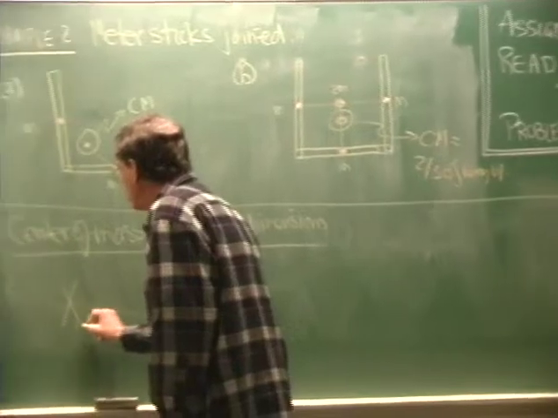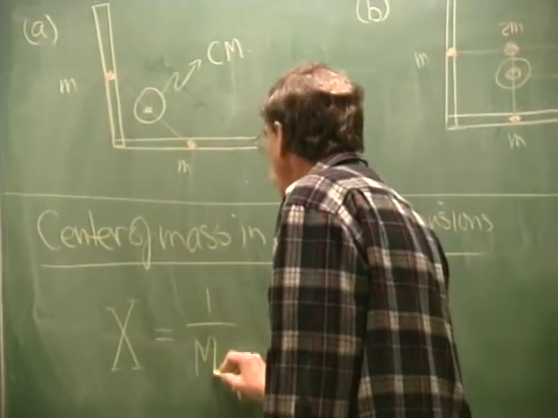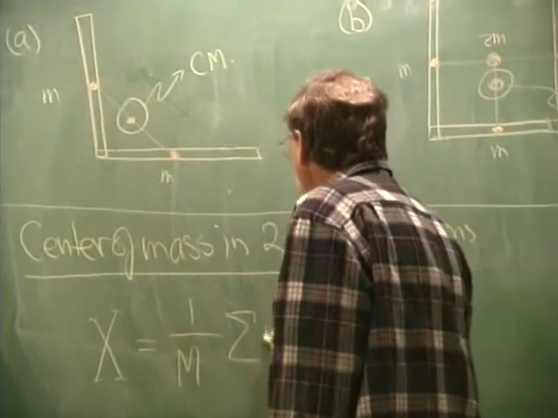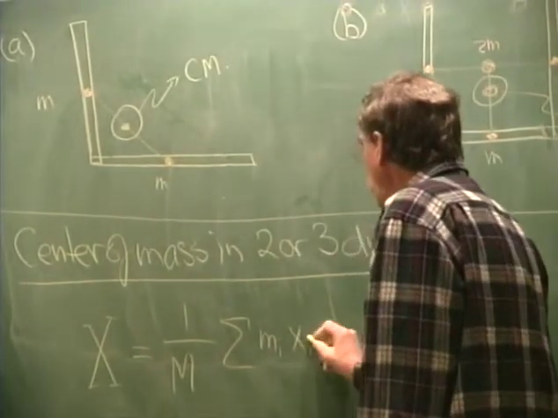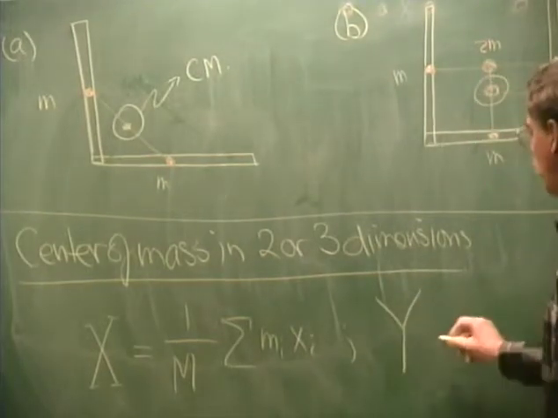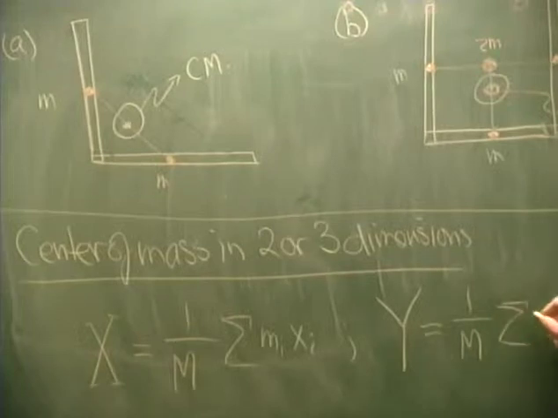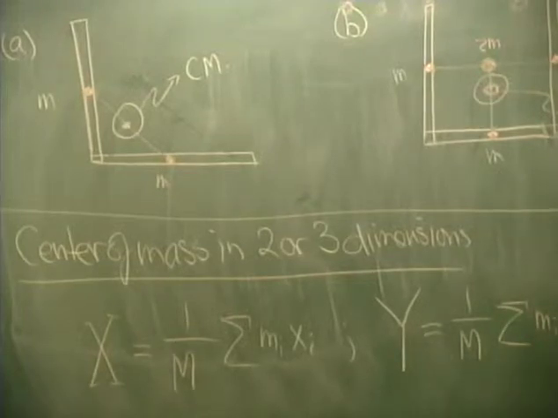So the x component of the center of mass, if you like, is 1 over the total mass times the sum of mi xi. But meanwhile, the y component of the center of mass is 1 over m times the sum of mi yi.